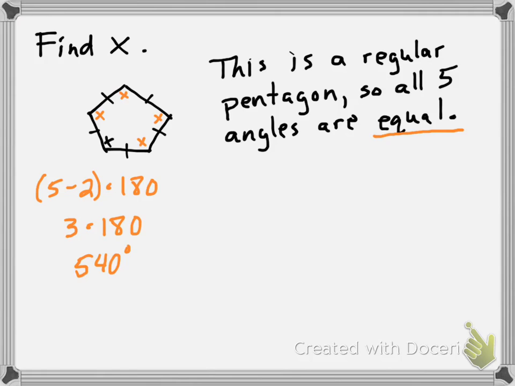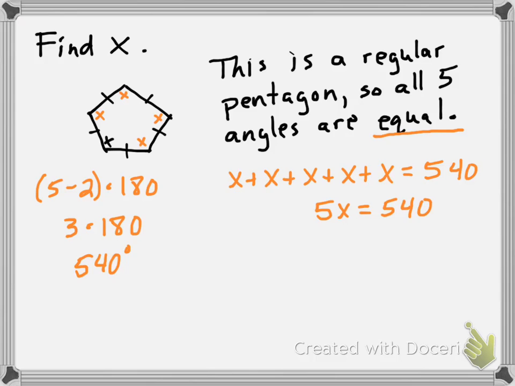So now I know what all of them are, and I know what they add up to be. So I can write an equation. X plus X plus X plus X plus X equals 540. This is very similar to when we found the missing angles in the triangle. We know what they add up to, and we know what all of them are, so we can solve. That's just 5x equals 540.